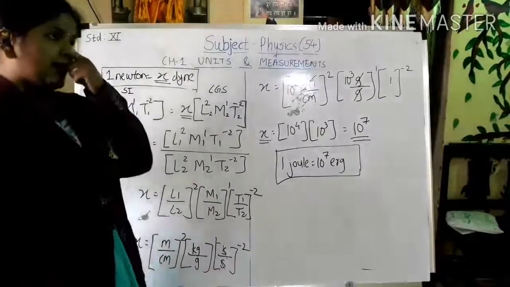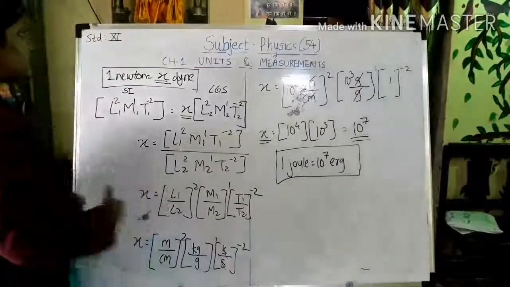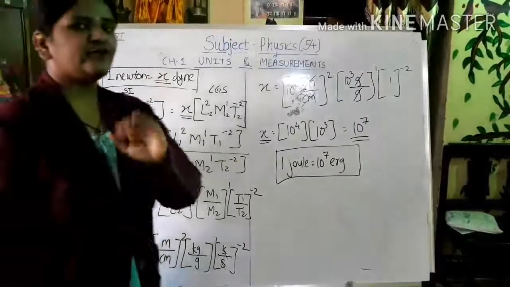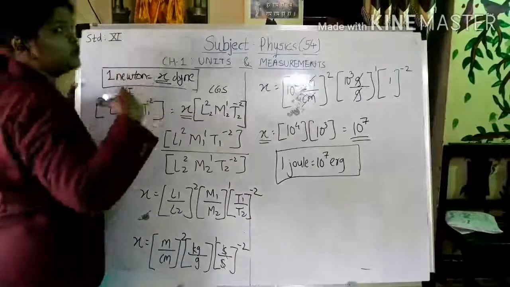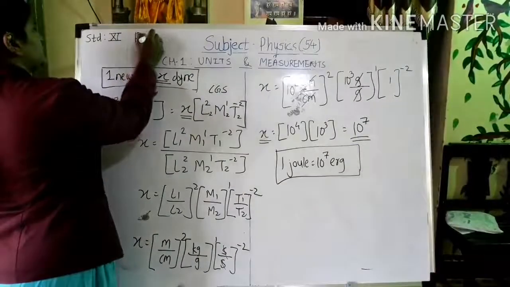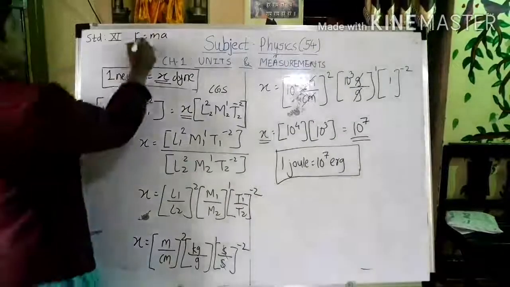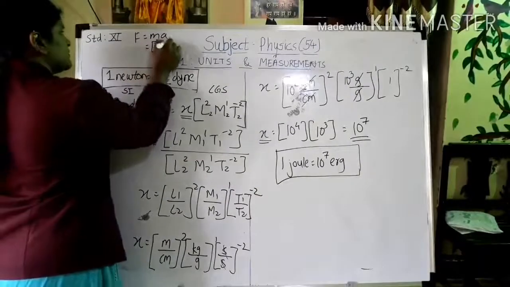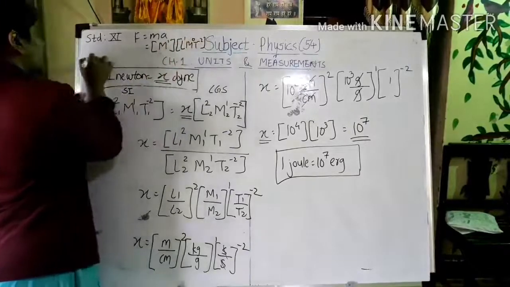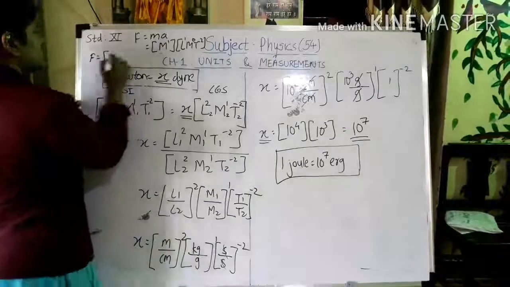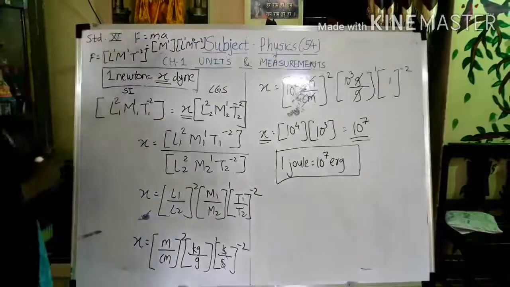Newton and dyne are the units of force, right? So before moving towards that, you have to know the dimension for force. What are the dimensions for force? If you don't remember, again I will show you. F is nothing but m into a, am I right? So by substituting the dimensions, I will get the dimensions for F as L1 M1 T raised to minus 2.